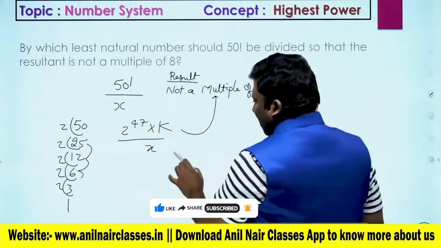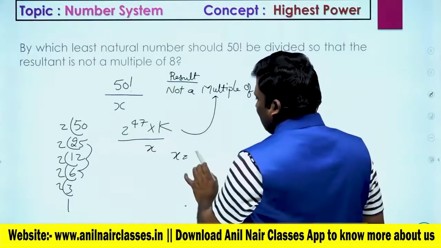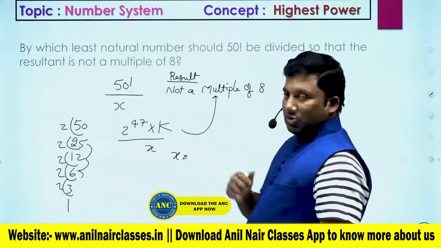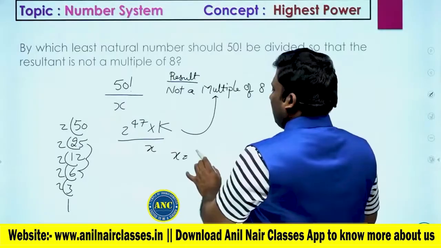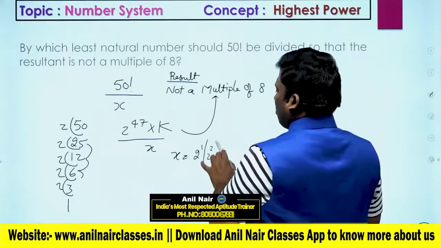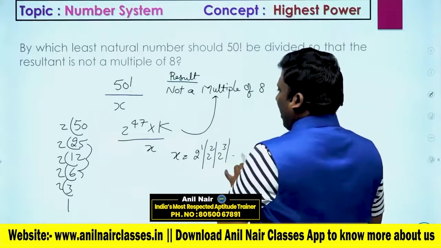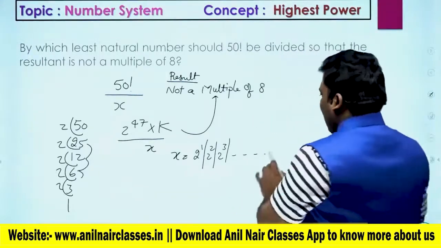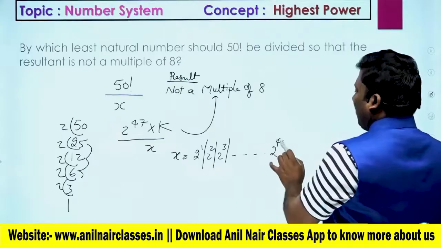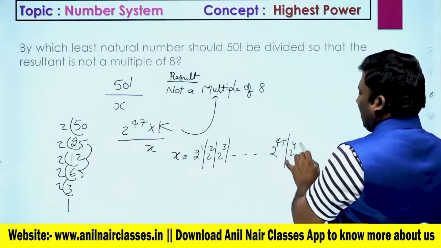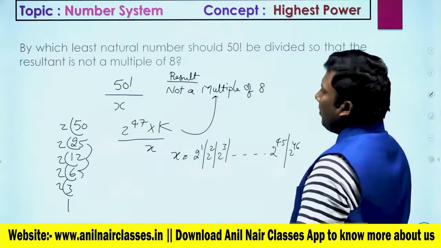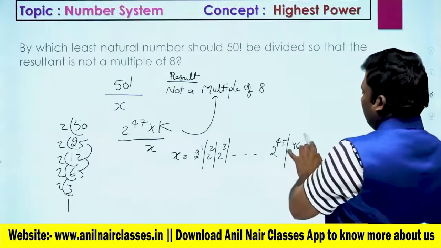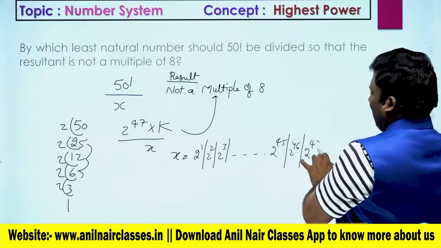Listen carefully, sir, I need the smallest, right? Smallest I require: 2 power 1, 2 square, 2 cube and so on, such that the resultant is not a multiple of 8, up to 2 power 45, 2 power 46, 2 power 47.